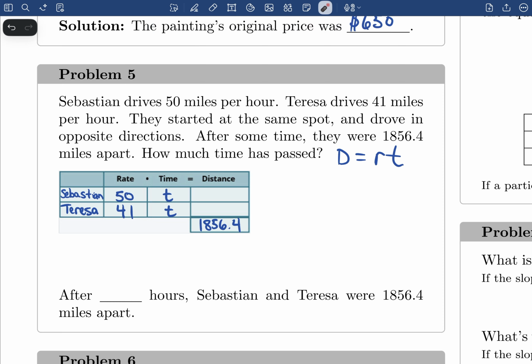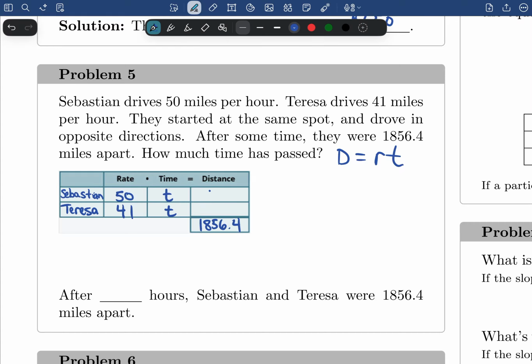So I'm going to put my grand total right here. Okay, and I know that if I take the rate times the time, that will give me the distance for Sebastian. So that's 50t. And then the rate times the time for Teresa is 41t. I can now take this column that I've created right here and create an equation with it, saying that if I take 50 times t plus 41 times t, that will equal the total distance of 1,856.4.